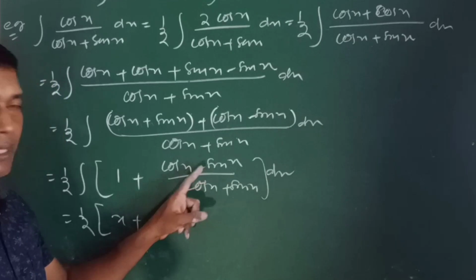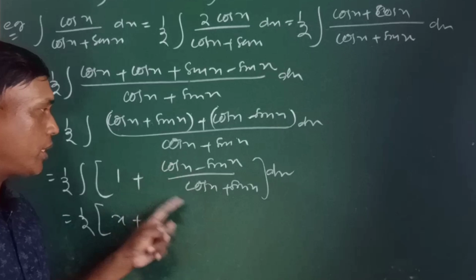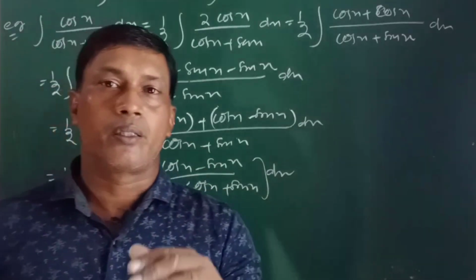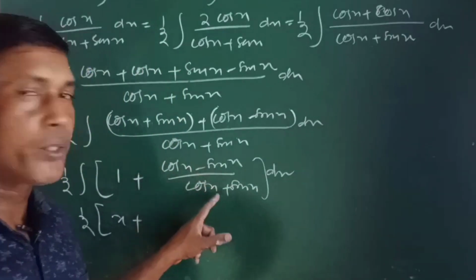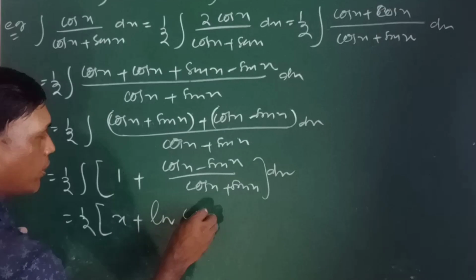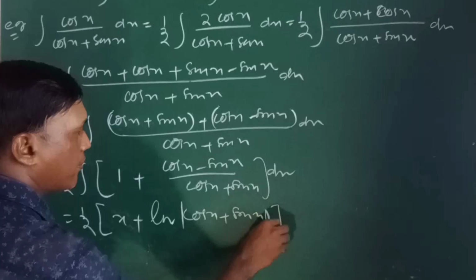That means if this is the function, then this is its derivative. So this is in the form of derivative by function, and you know the integration of derivative by function is log function. So this is log of cos x plus sin x plus c.